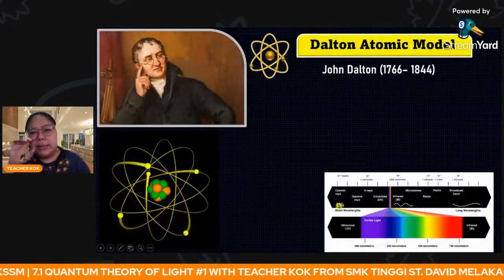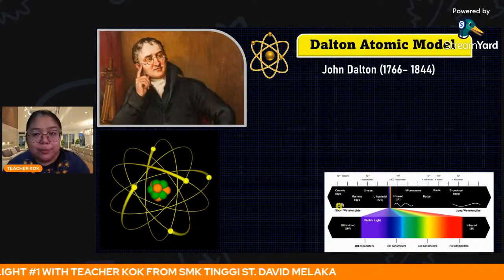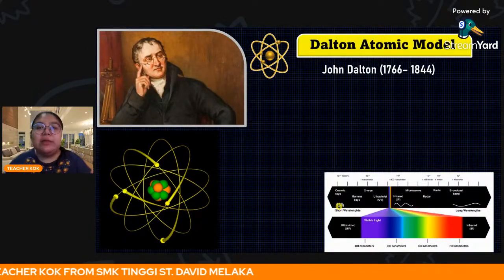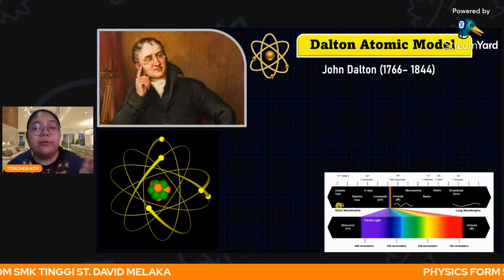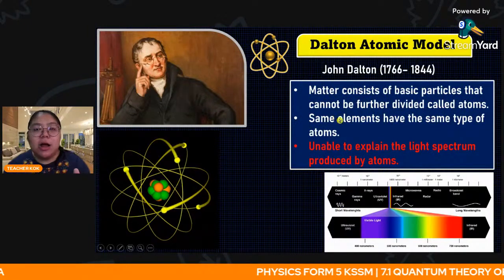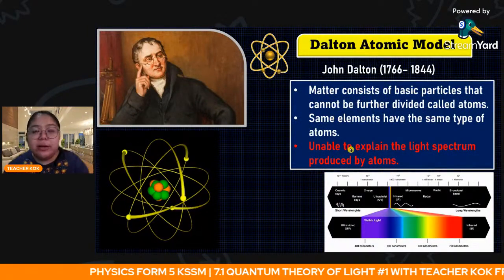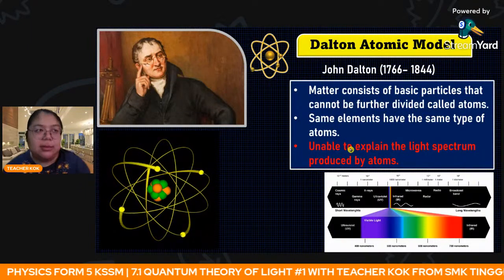After that is the Dalton atomic model. This is where you learn about the atom from John Dalton, 1766 until 1844. Matter consists of basic particles that cannot be further divided, which we call atoms.